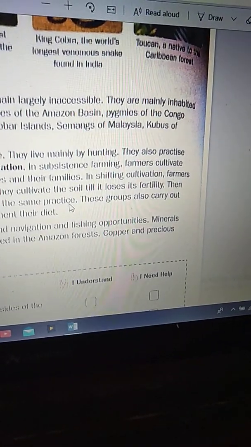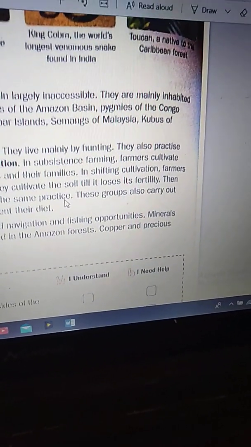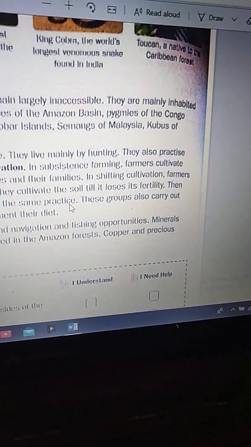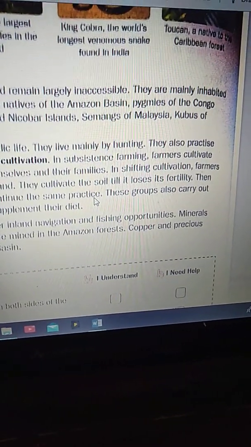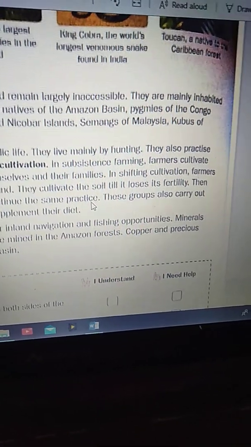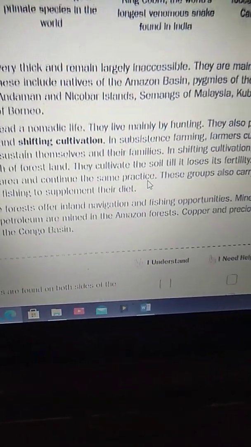They cultivate the soil till it loses its fertility. After the soil loses its fertility, they shift to another area and continue the same practice. This is shifting cultivation.